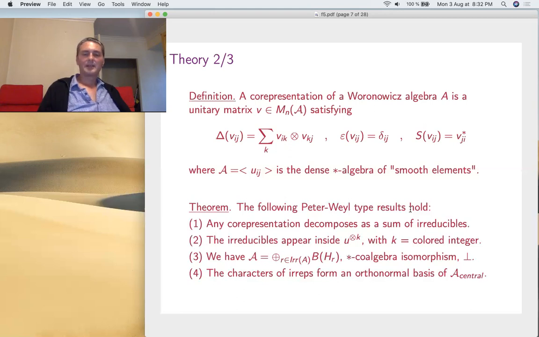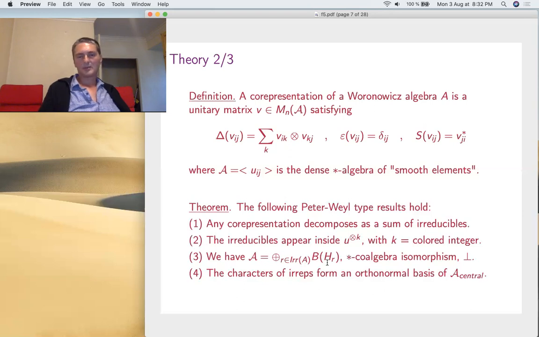The third thing is that once you have your irreducibles, these have coefficient spaces, which as vector spaces are just spaces of matrices. H_r is the coefficient space of r, and it's finite dimensional. And A decomposes as a direct sum of these coefficient spaces, and the direct sum is orthogonal with respect to the scalar product coming from integration.